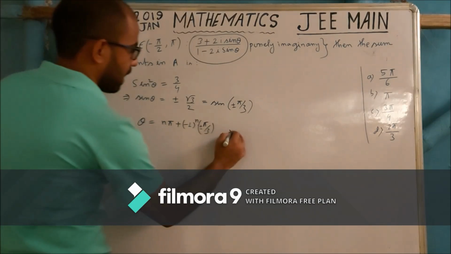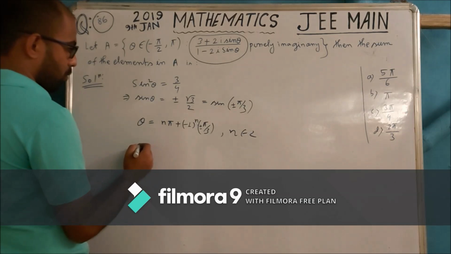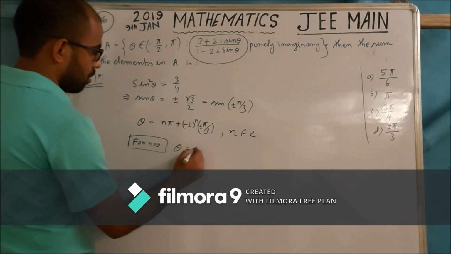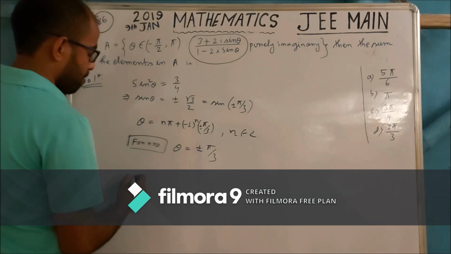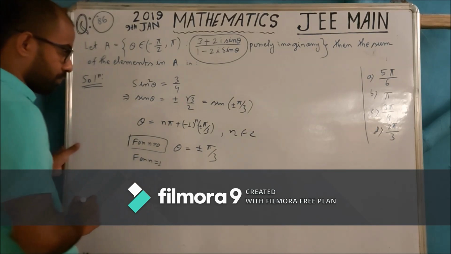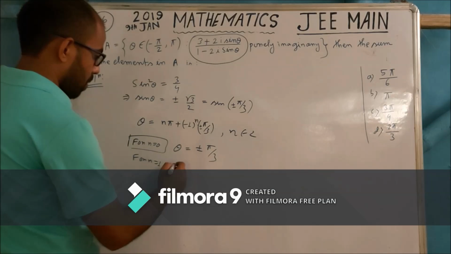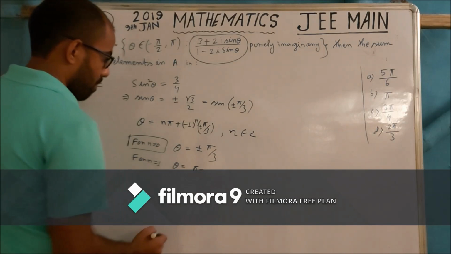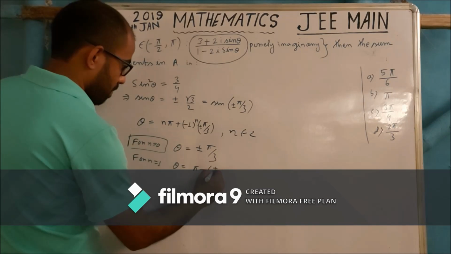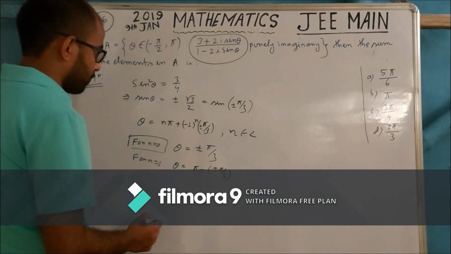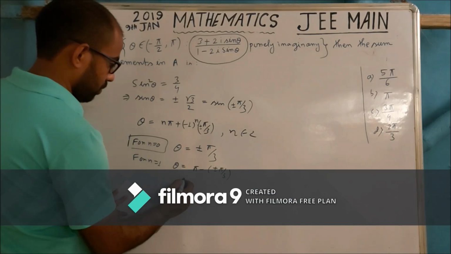So for n belongs to Z, for n equal to 0, we get theta equal to plus minus pi by 3. For n equal to 1, we get theta equal to pi minus pi by 3. So we got two values.